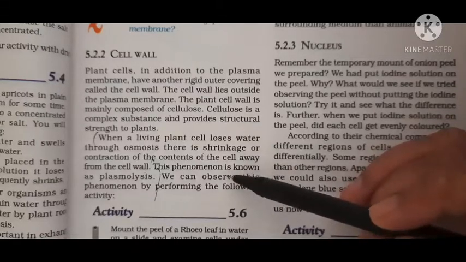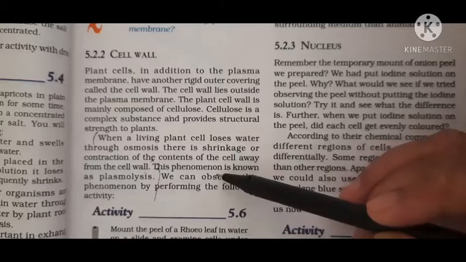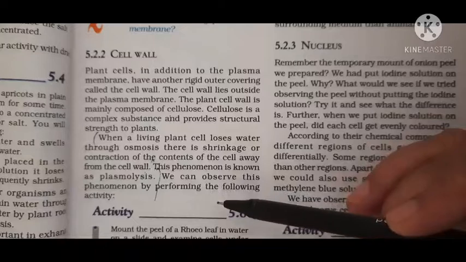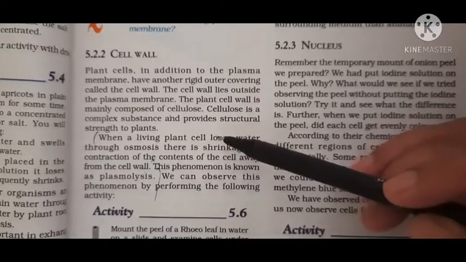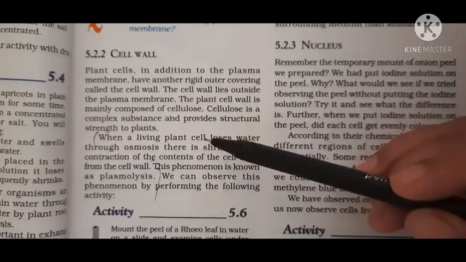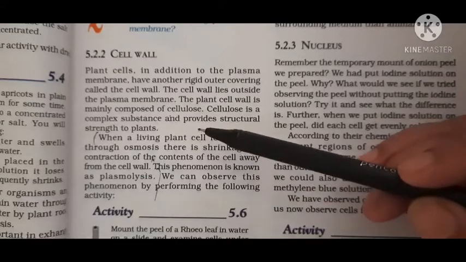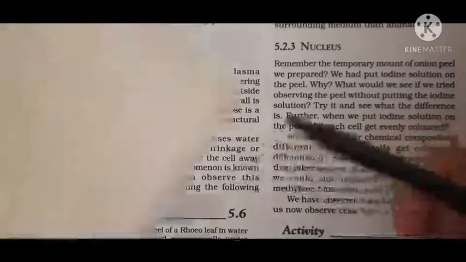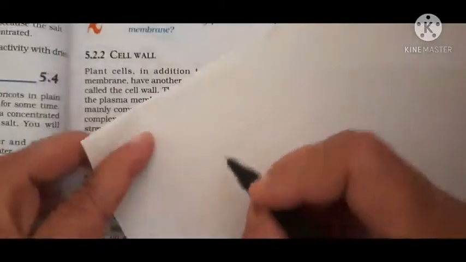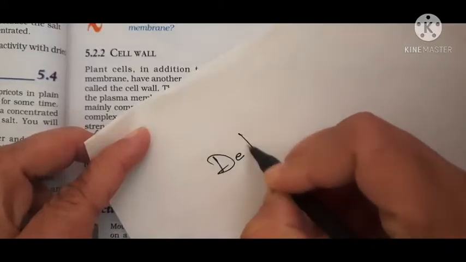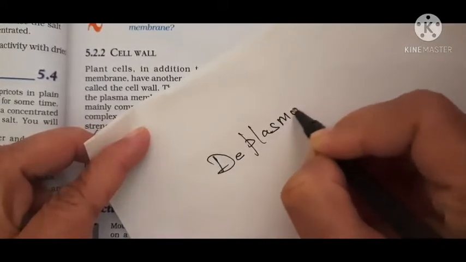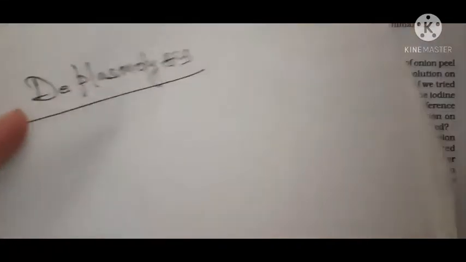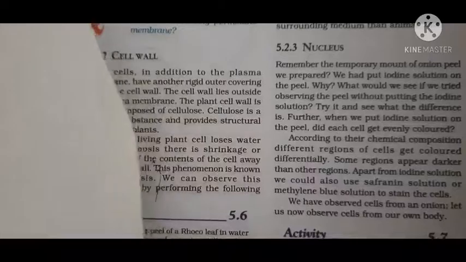The plasmolysed cell will gain water, or absorb water, the water from the surroundings will move inside the cell, and again the contents of the cell will start pressing against the cell wall. What is this called? Deplasmolysis. This phenomenon is called deplasmolysis, and the cell is called a deplasmolysed cell.